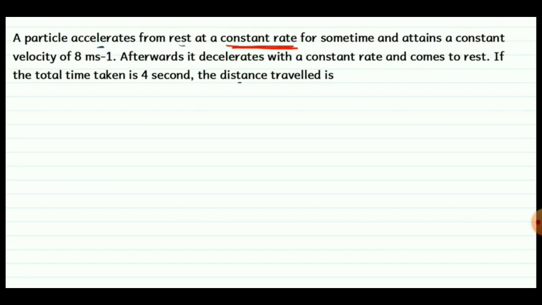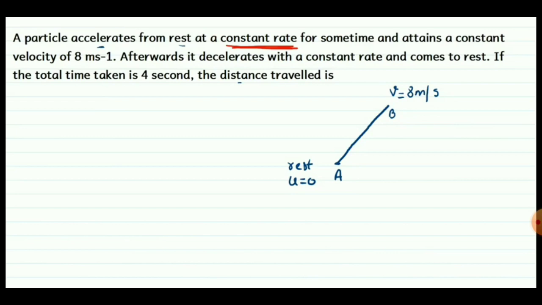A particle accelerates from rest at a constant rate. So let us suppose a particle is standing at A and it is at rest, so initial velocity would be 0. Now it is accelerating uniformly, that means it will go straight. The straight line shows that it is uniform motion. Now after some time it has reached point B and gains the velocity 8 meter per second.